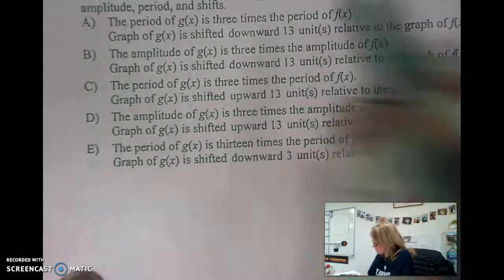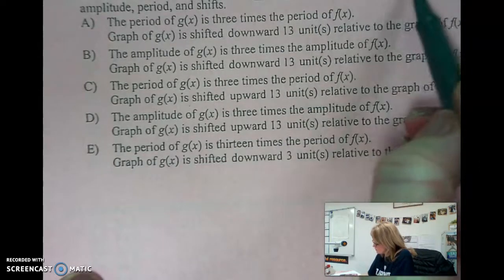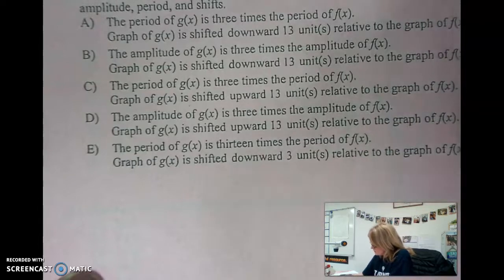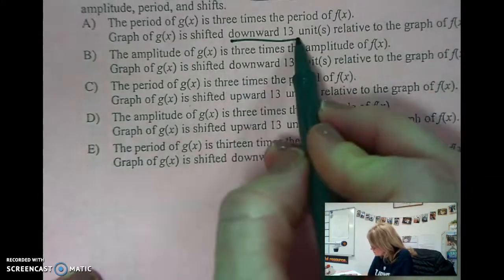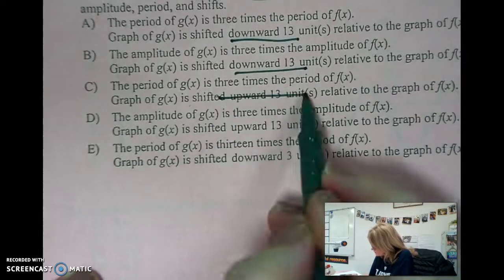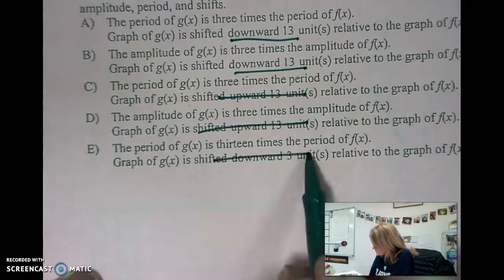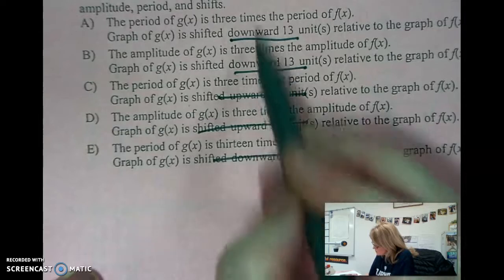Find the relationship between the cosine of x and cosine 3 of x minus 13. Well, this is your B and your D. So this is going to shift down 13 units. So down 13 units, I can cross that one out. So it's between these two.